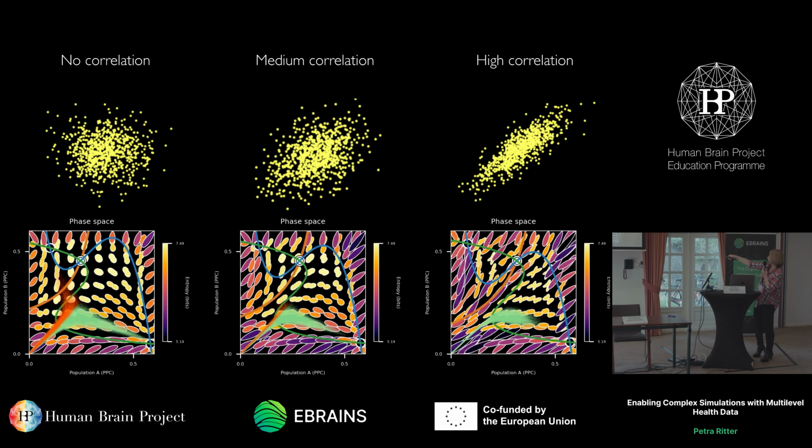While for the high correlation input, we see the stretched shapes of these glyphs, and this means that the activity in population B and A stays in a balanced state over a longer time, and with this there's more time for evidence accumulation, and in this high correlation scenario all the responses were correct.